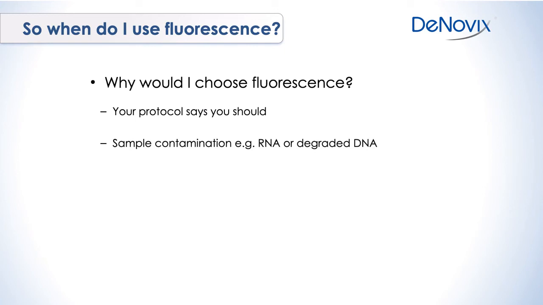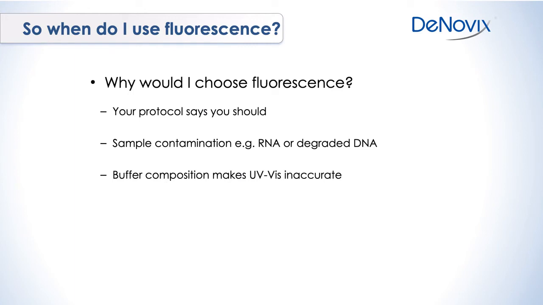So if you have sample contamination, for example RNA or degraded DNA in the sample, you might want to use fluorescence to get a specific measurement. Also, this is particularly relevant to proteins and using things like RIPA buffers. If your buffer composition absorbs highly at the same wavelength as your sample, then UV-Vis may be inappropriate for that particular sample.